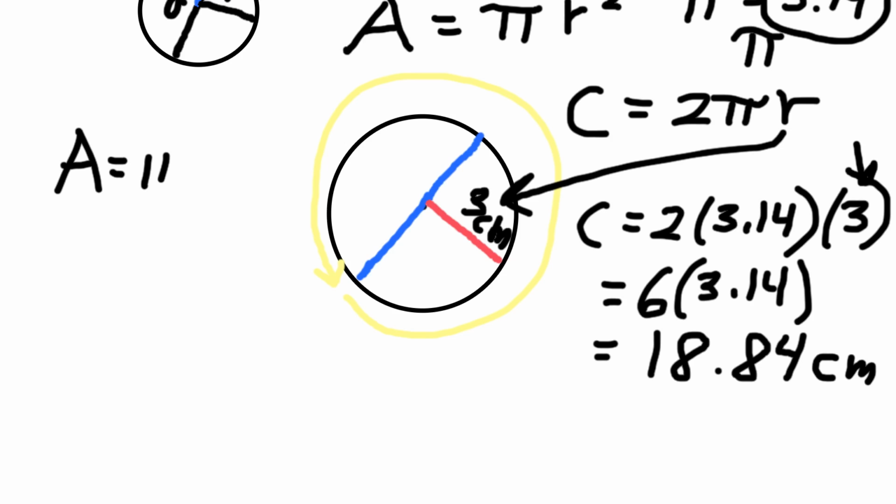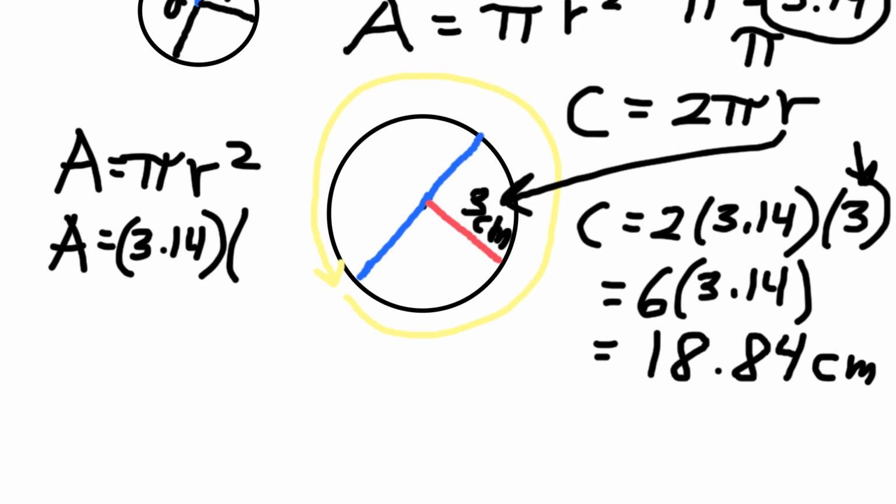Okay, so now what if we were trying to find the area of this? Well, area equals pi r squared. So we substitute that 3 into r squared. So we have A equals pi, which is 3.14, according to us, times 3 squared. Order of operations tells us that we figure out the exponent first.